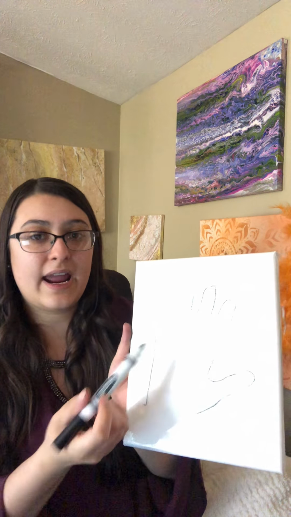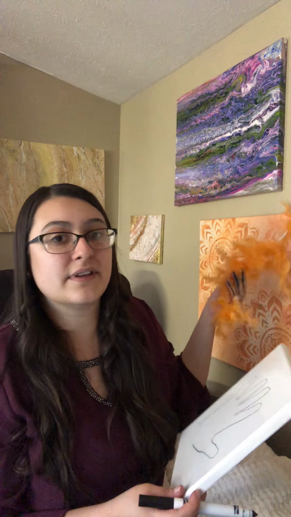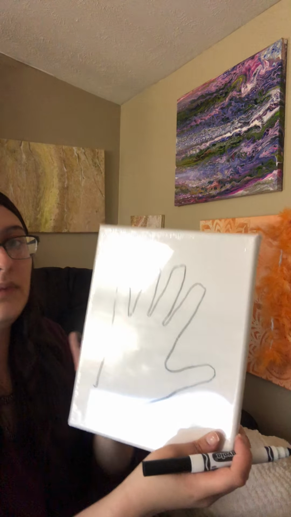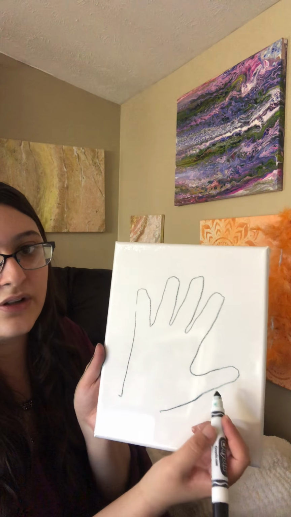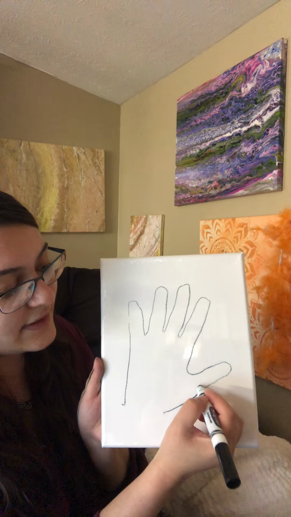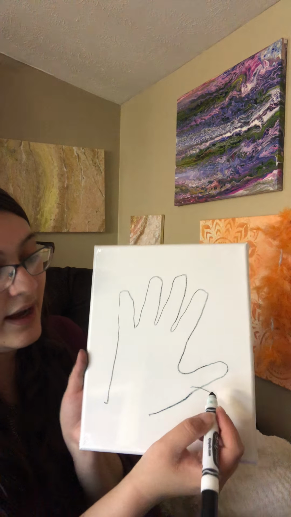I'm going to then create one texture per finger. So if I want to create a feathery texture and I have this feathery object that I found at home, I'm going to look at the object and use repeating and overlapping shapes to create this. So let me try to get in closer to my camera. Okay, and let's just start on the thumb. So it looks like the feathers have a stem in the middle. So I'll do that just by creating a line.